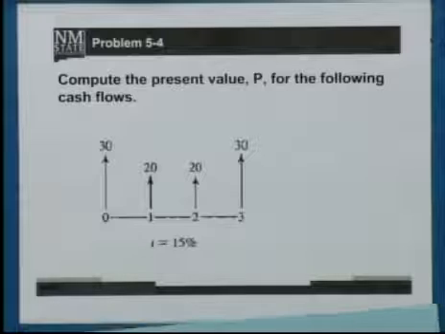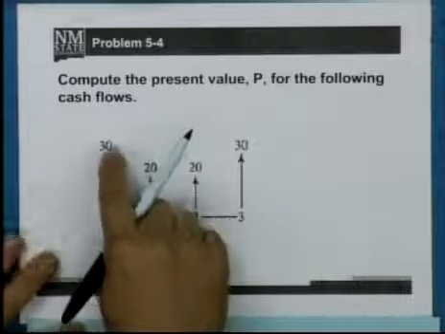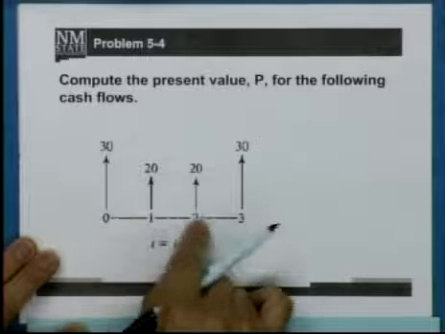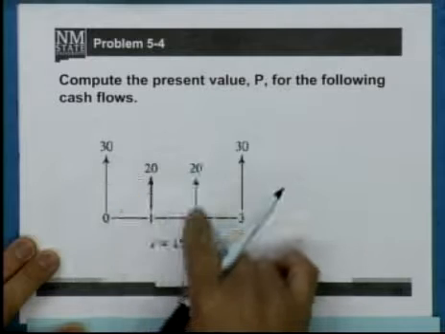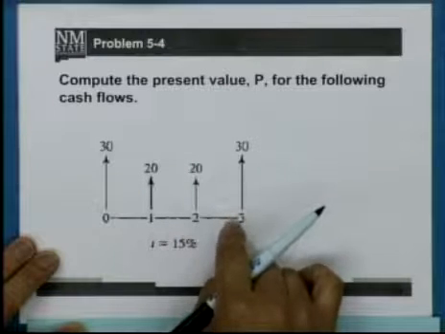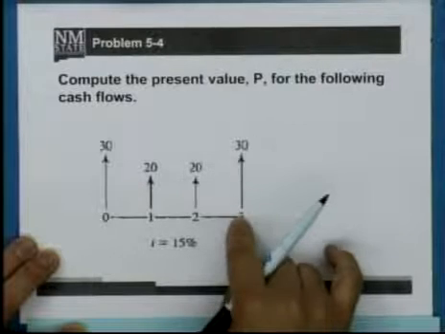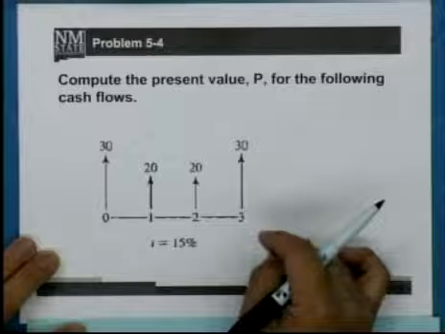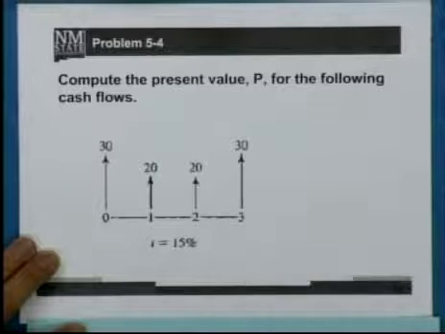And one of them would be $30 plus a uniform series of $20 for the next 2 periods, and then plus a single amount of $30 at the end of period 3. Probably that will be the easiest one that you can go with.